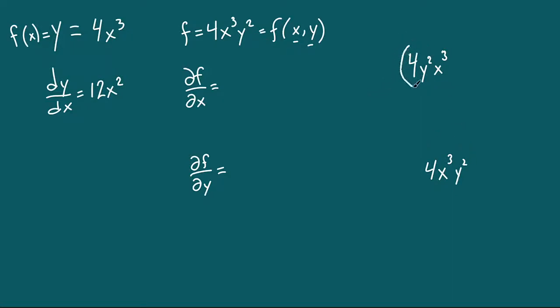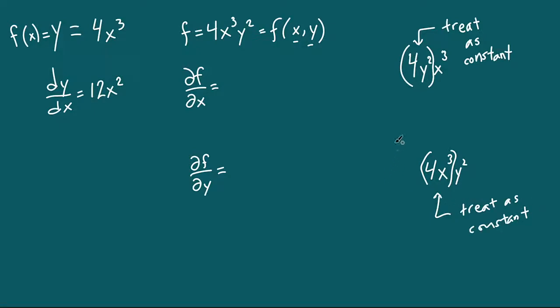And the idea is in the first case, this 4y squared, I'm going to treat that as a constant, because I'm taking the partial derivative with respect to x. And in the second case, when I want to take the partial derivative with respect to y, I'm going to treat the 4x cubed as a constant.